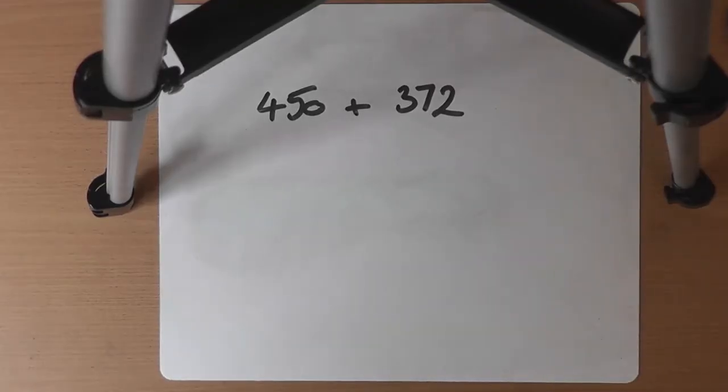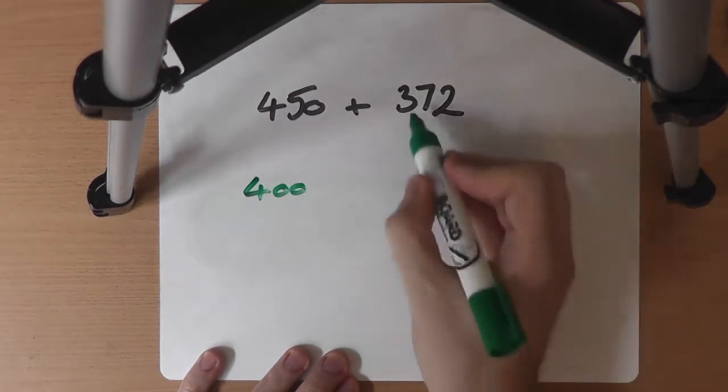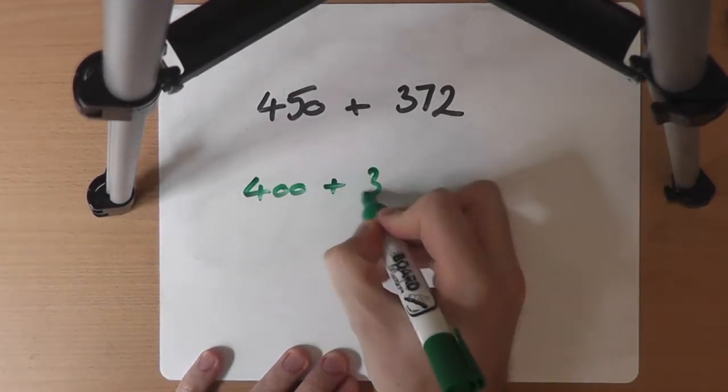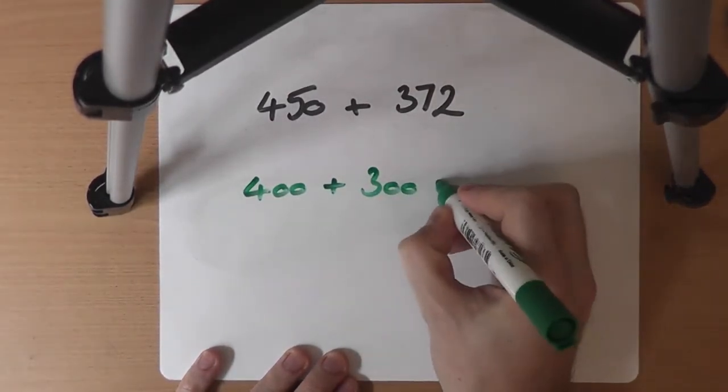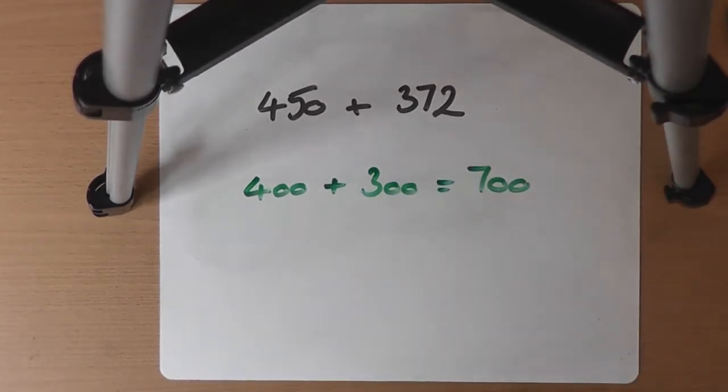You might, for example, try and do a little bit of splitting these numbers up into their different parts. 450, you could take the 400 part of that first of all, and you could take the 300 part of the second number and add those together to get 700. 400, 500, 600, 700.